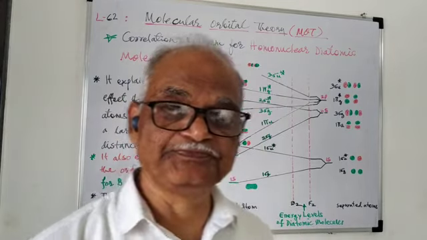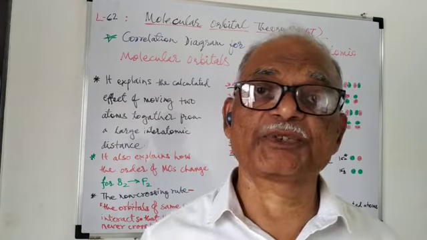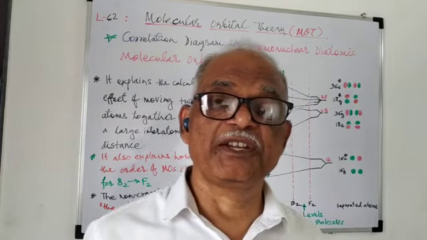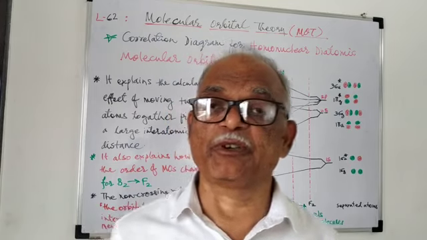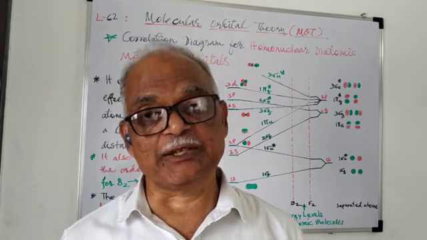We were discussing molecular orbital theory, in which we have seen the application of this theory to various molecules of the first and second period of the periodic table, especially homonuclear diatomic molecules.